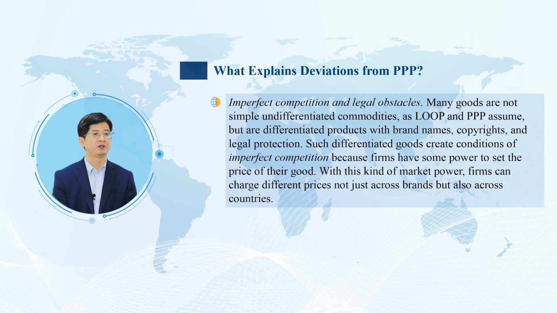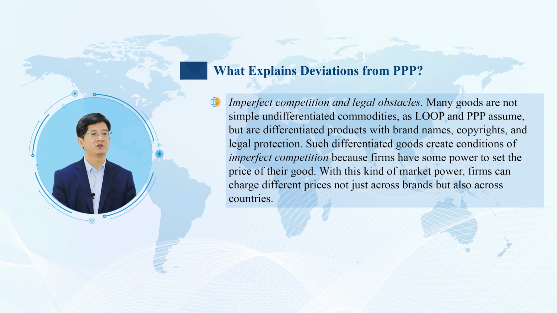Imperfect competition and legal obstacles. Many goods are not simple, undifferentiated commodities, as LOOP and PPP assume, but are differentiated products with brand names, copyrights, and legal protection.